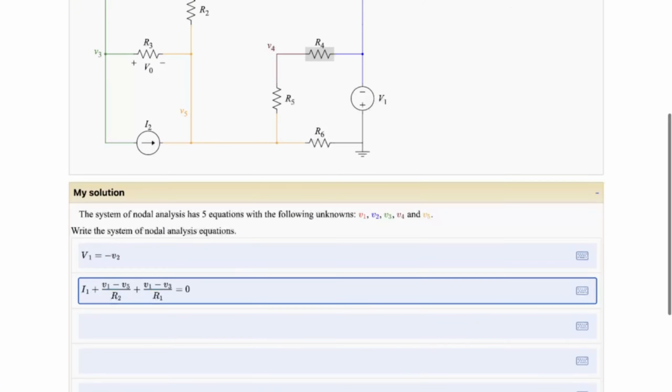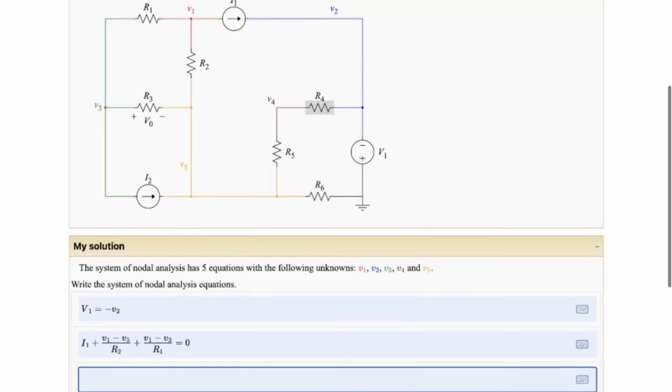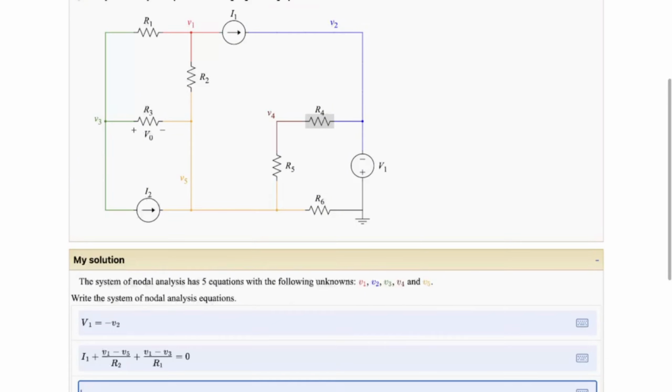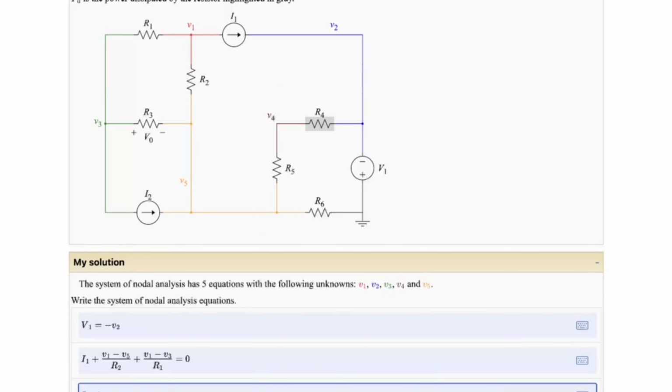We already worked with V2, so let's go to V3. And we have another current source going out of that node at the bottom. Its value is I2, and since it's going out of the node, it's going to be positive. I2 plus, let's find the current across R1 on the top from V3 to V1.